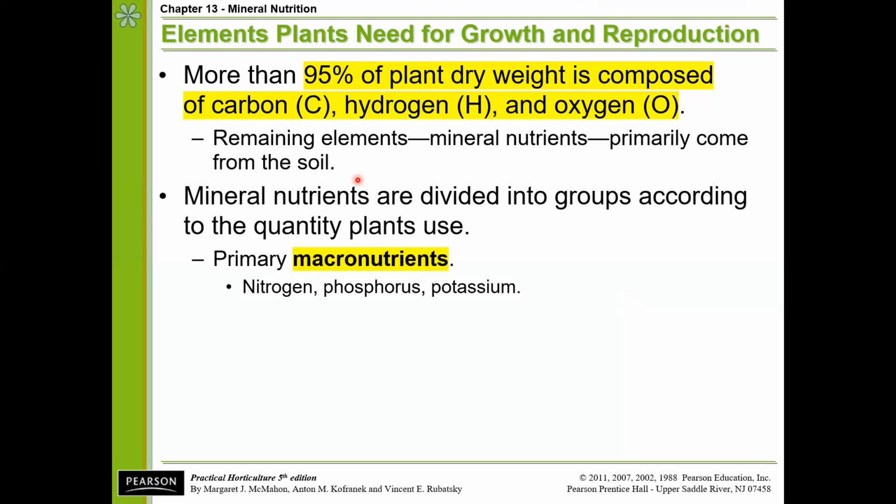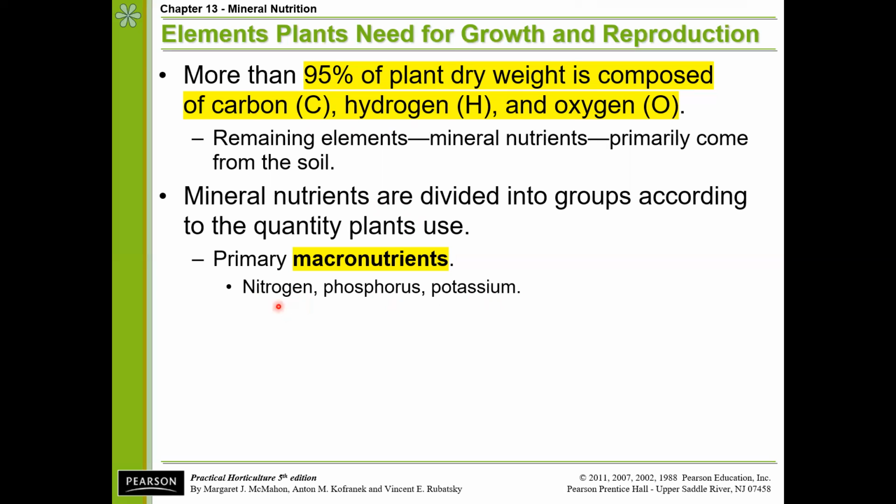If you've used a fertilizer before, then you're familiar with these, because these are the three that are listed in big numbers on the bag: nitrogen, phosphorus, and potassium, or N, P, and K. I think it is important to memorize at least what the elements stand for, so you know which nutrient you need to supply. So these primary macronutrients are those that come behind carbon, hydrogen, oxygen. If you were to take those out of the picture, then these three would be 95% of what was left.